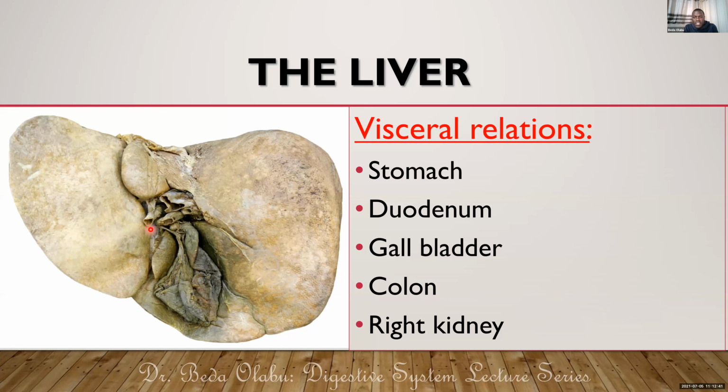Those are the 3 structures that constitute the porta hepatis. And they tend to run like that even within the liver. Even at histological level, those 3 structures tend to run together. The name given to them is the portal triad. The portal triad represents the pathway of hepatic artery, the pathway of portal vein, and the pathway of bile.